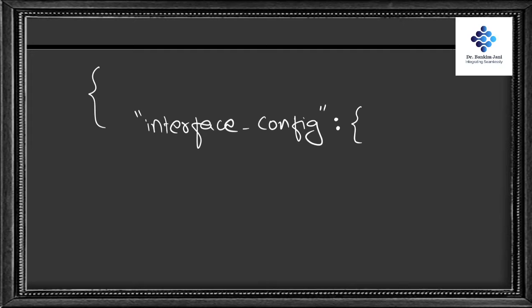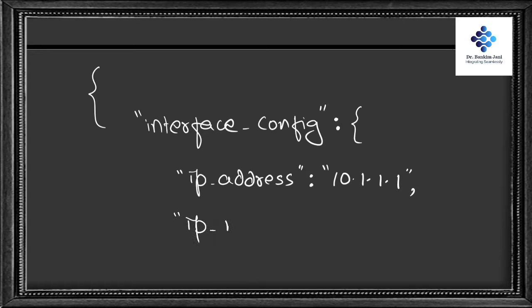And in this I am adding, say, IP address colon 10.1.1.1. That's fine. We add something more, say IP mask, and again colon, and we give the mask, let's say 255.255.255.0. Done.